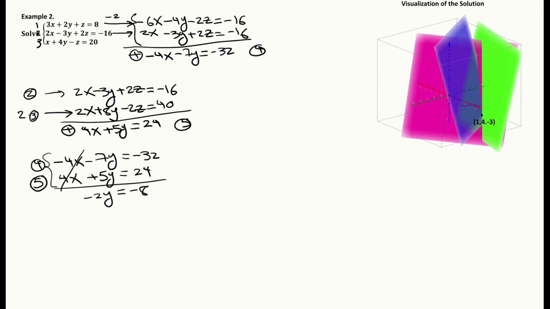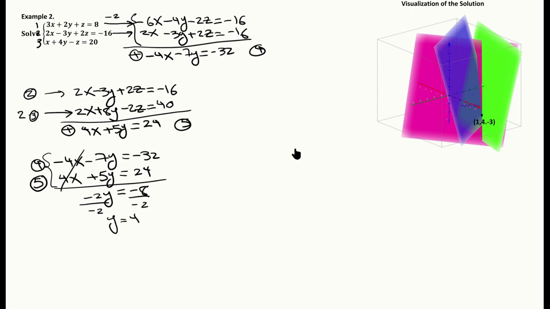Notice we had a lot less to do than the previous problem, because this just happened so that the two equations were already ready to be solved by eliminating x. That was just a fortunate thing that happened. It doesn't always happen, as you saw in the previous example, but when it comes our way, we'll take it. So now we go ahead and divide both sides by negative 2. We get y equals 4.